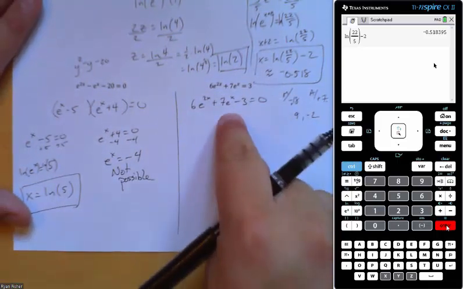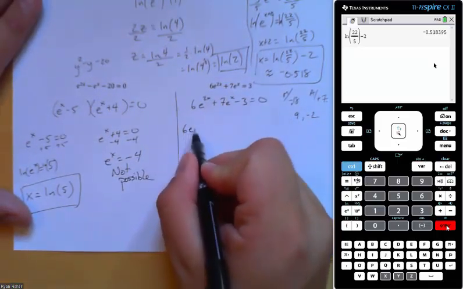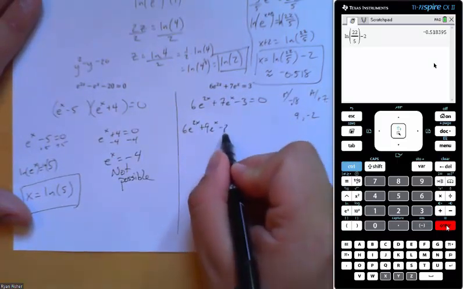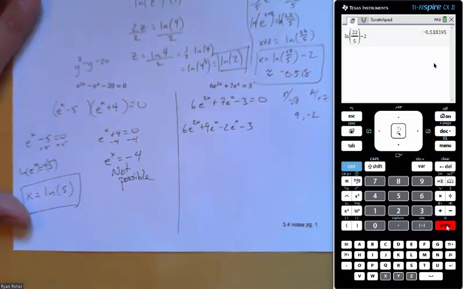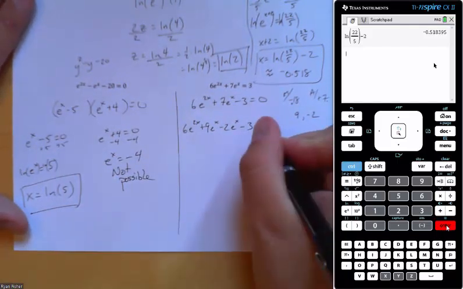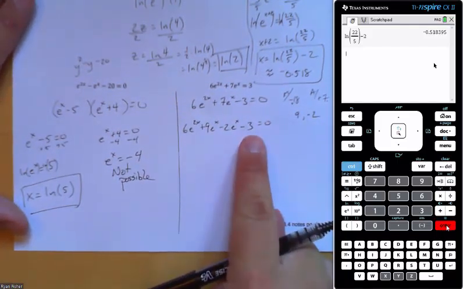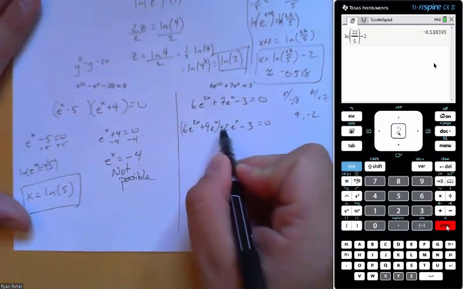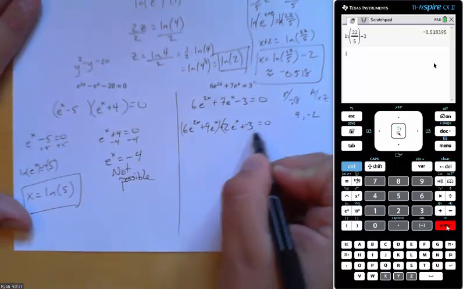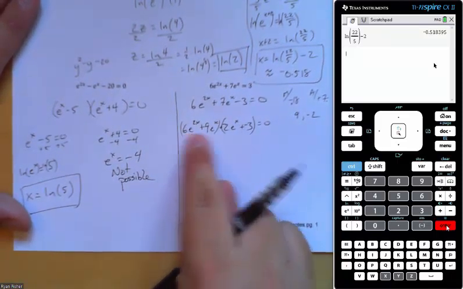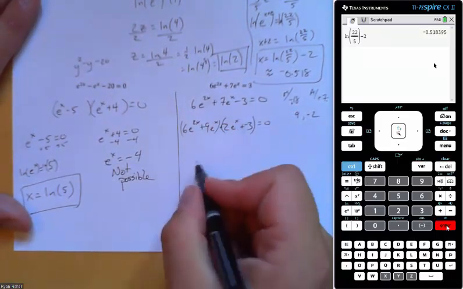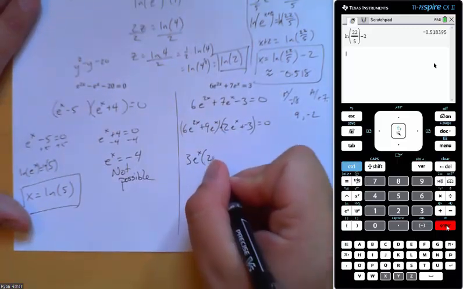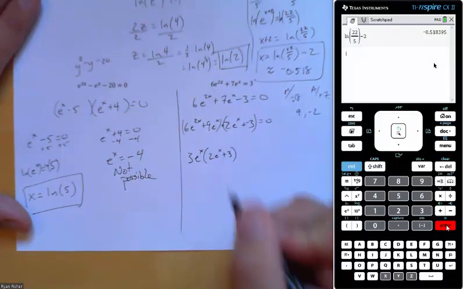Which tells me that I could split this middle term into plus 9e to the x's minus 2e to the x's minus 3. And then I could factor this by grouping or use a box. It doesn't matter. How about I'll practice factoring by grouping. I'll turn these subtractions to plus negatives. I think what's in common between 6e to the 2x and 9e to the x is 3e to the x's, leaving 2e to the x plus 3.